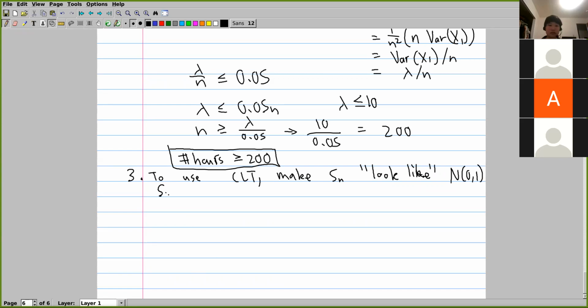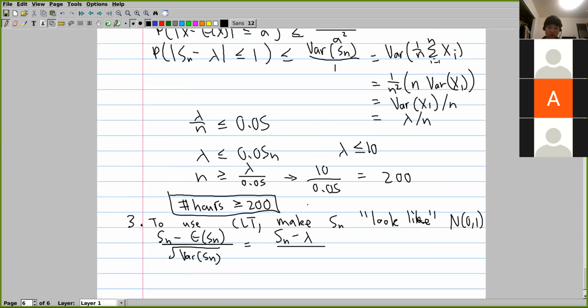So this is going to be Sn minus expectation of Sn all over square root of variance of Sn. I'll simplify right here. And then variance of Sn is lambda over n.